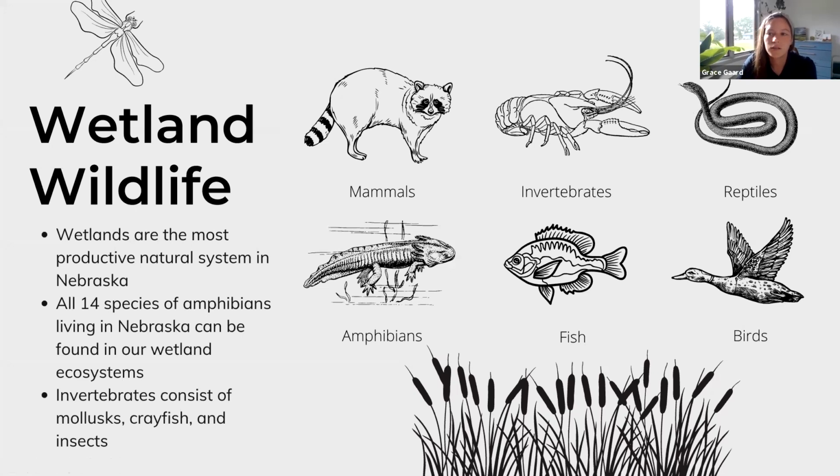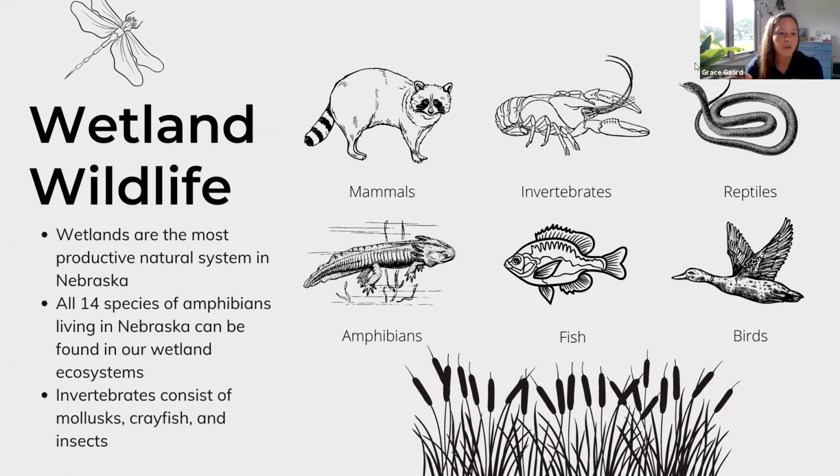The way you can think about it, in our wetlands we're going to have our mammals, lots of different invertebrates, more than we can even try to put a number on, and many of those rely specifically on wetlands. And then we've got our reptiles and amphibians.